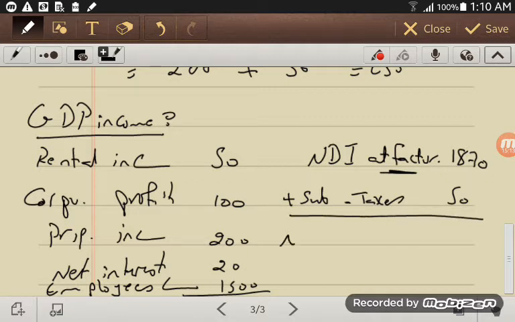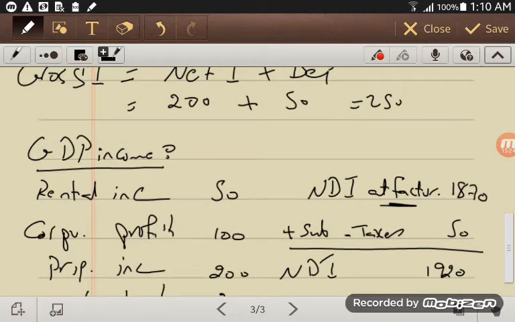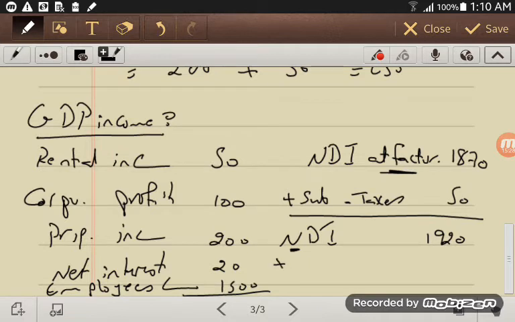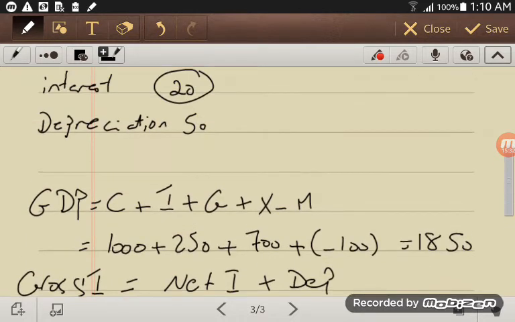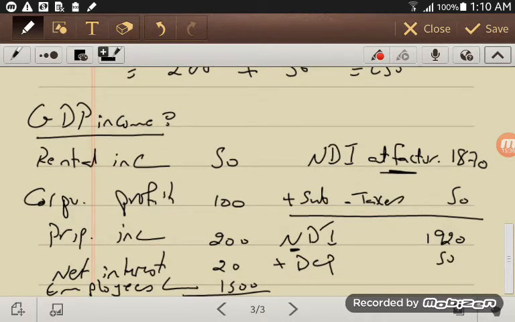So this will be net domestic income at market price. It will be 1,920. And finally, we would like to convert it from net to gross. So we are going to add depreciation. Depreciation is 50. So it's 1,970. This is GDP using income approach.